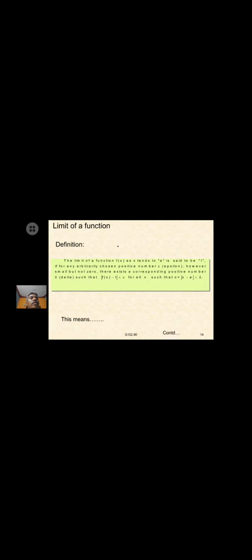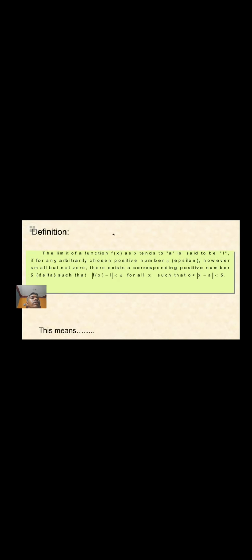The limit of a function f of x as x tends to a is said to be L if for any arbitrarily chosen positive number epsilon, however small but not 0, there exists a corresponding positive number delta such that modulus of f of x minus L is less than epsilon for all x such that 0 is less than modulus of x minus a is less than delta.